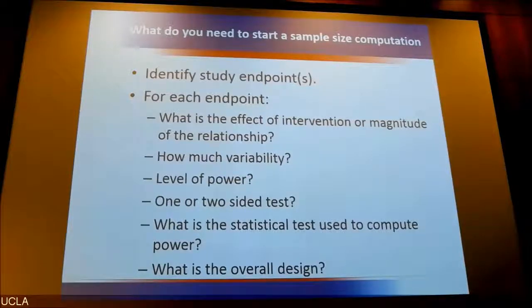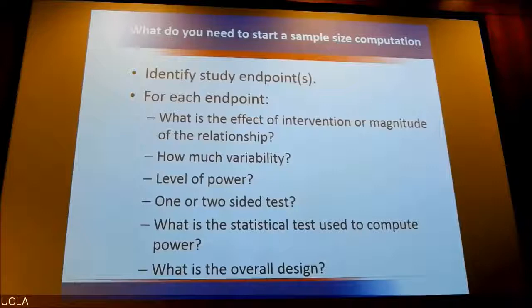Once we have the study endpoint, then we need to be able to estimate many different things. So the first is, what is the effect of the intervention or the magnitude of the relationship? Now this is hard, because if you knew what that was, you wouldn't need to do the study. So what's often required here is good guesses, an understanding of the prior literature in terms of the magnitude of the effects of other interventions.